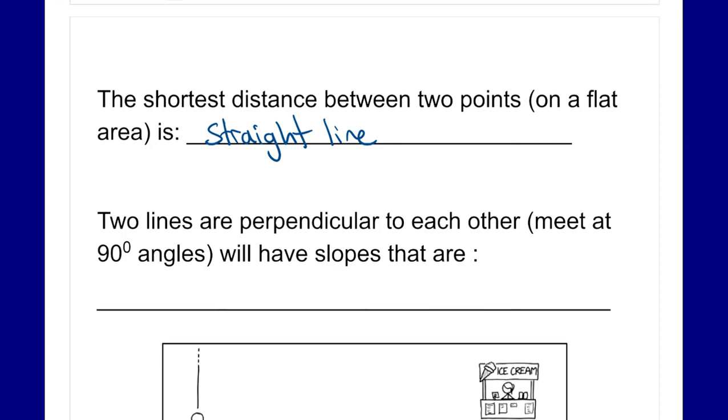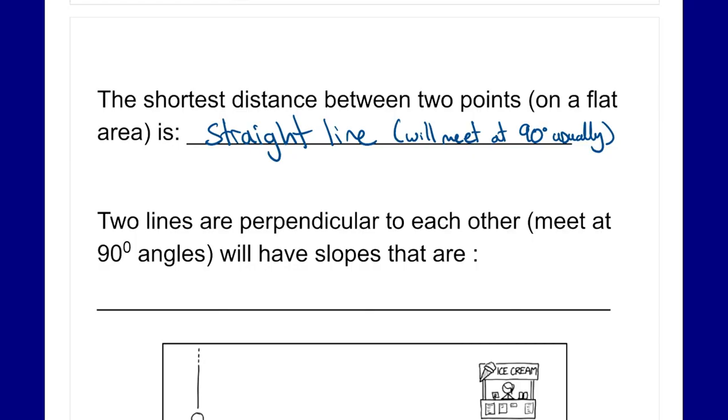But for our purposes, the shortest distance will be a straight line, and generally it will meet at 90 degrees. We'll say usually, not all the time, but usually it'll be a 90-degree angle.